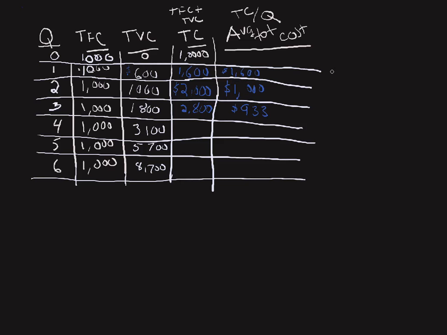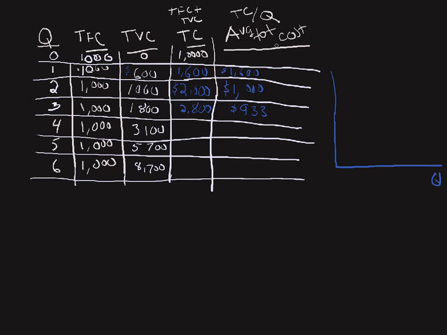We can draw a graph of average total cost, something like this. We'll put quantity here and cost over here. And we can say, well, for 1 unit, it actually costs something like $1,600 on average to produce 1 unit. So we put the dot there. For 2 units, it costs $1,000. So we would put a dot there. Average total cost to produce 2 units is 1,000.